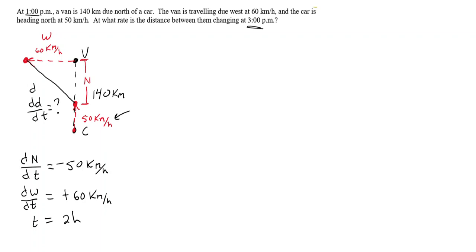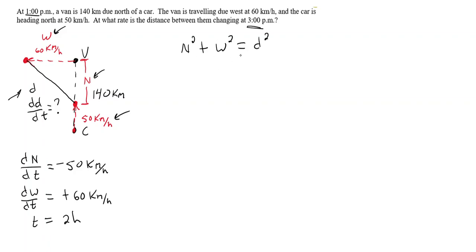So at this point, I'm going to relate my N, my W, and my D with the Pythagorean theorem. N squared plus W squared is equal to D squared. So then I have a relation between all those three things.